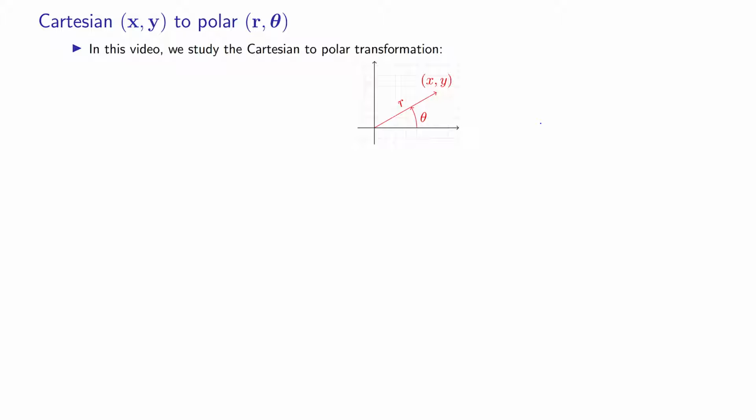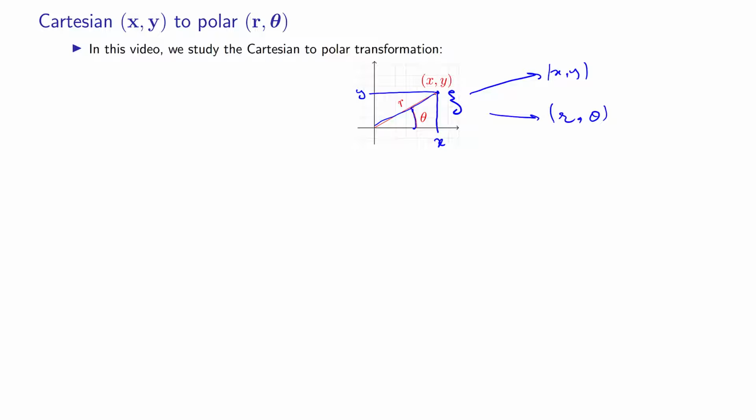Let's call this point C. This C could be represented by X coordinate and Y coordinate, so we could say this is X and Y, or it could be represented by this distance and this angle, which could be represented by R and theta.